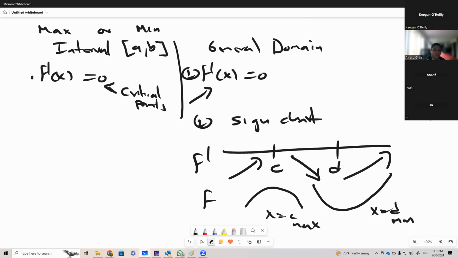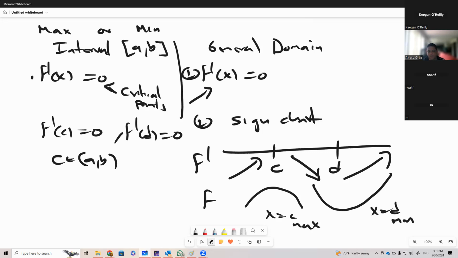Okay. However, when you have an interval, what you do is you find the critical points. And so let's say that f prime of c and f prime of d are 0. But c is the only one on the interval a b. Okay. So then what you have to do here is you forget about d. You don't care about this one because d does not belong in here.